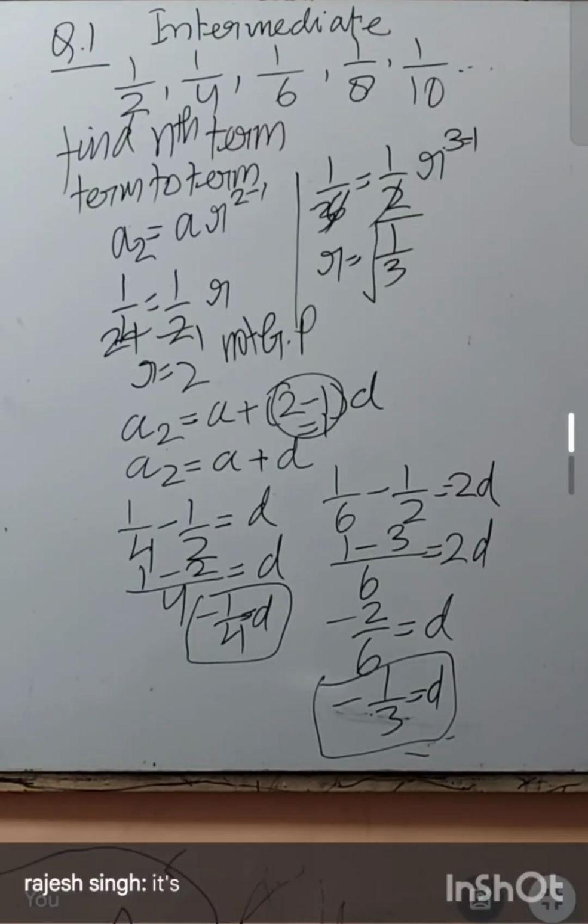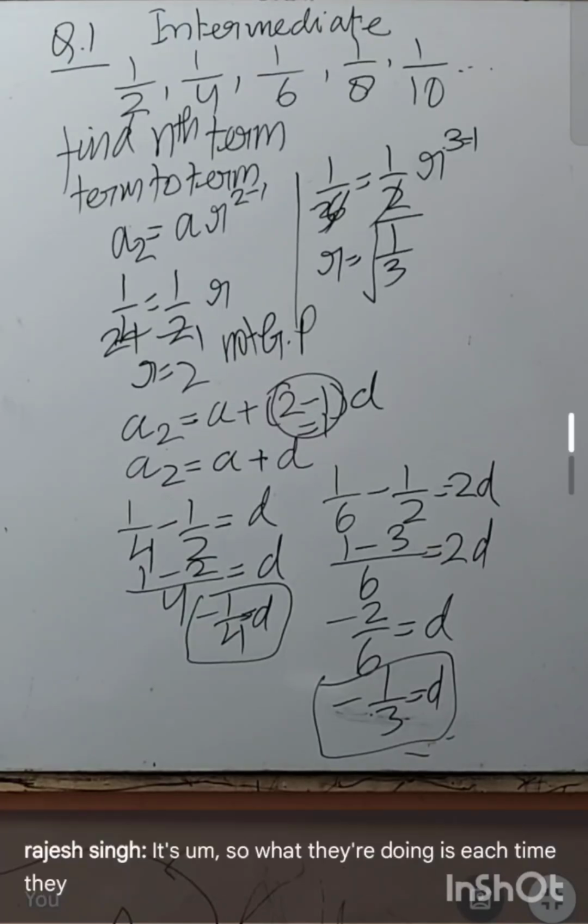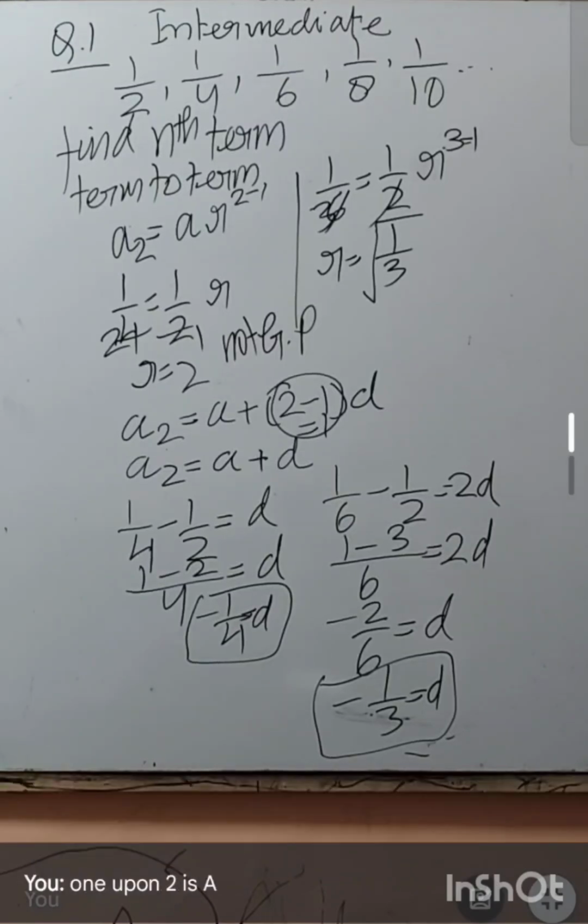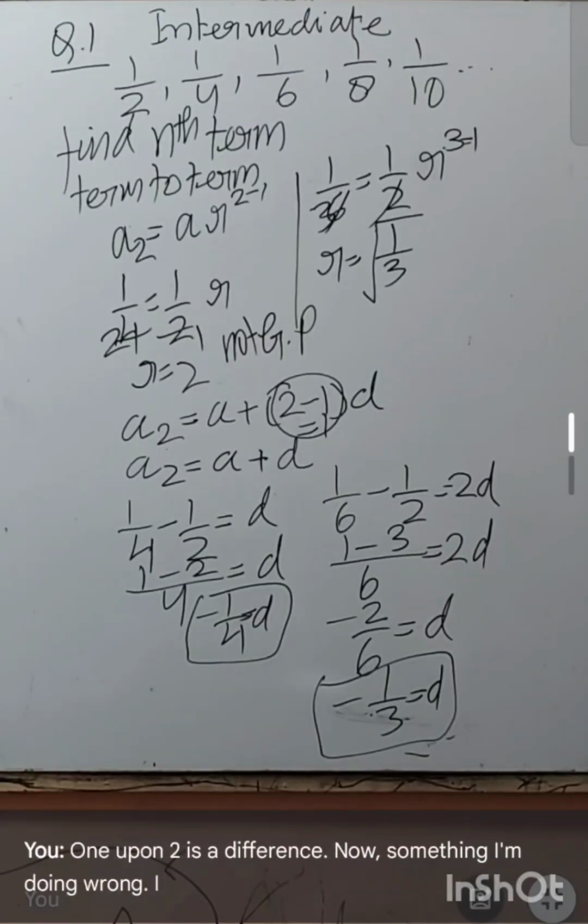So what they're doing is each time they're just adding two. So 1 upon 2 is a difference. Now, something I'm doing wrong, I hope.